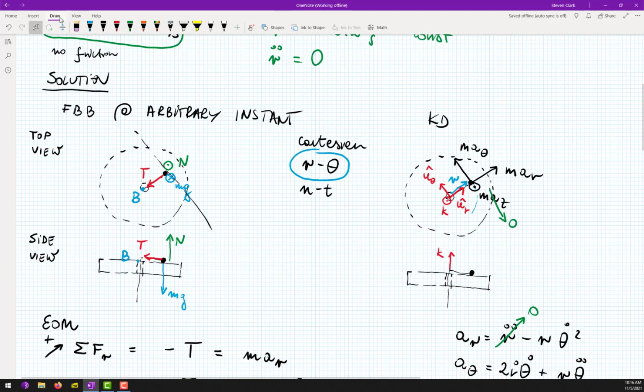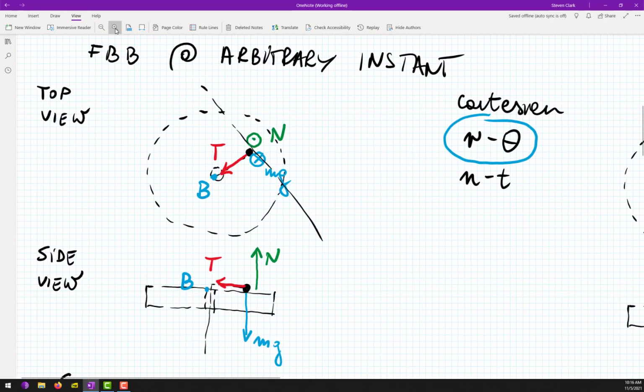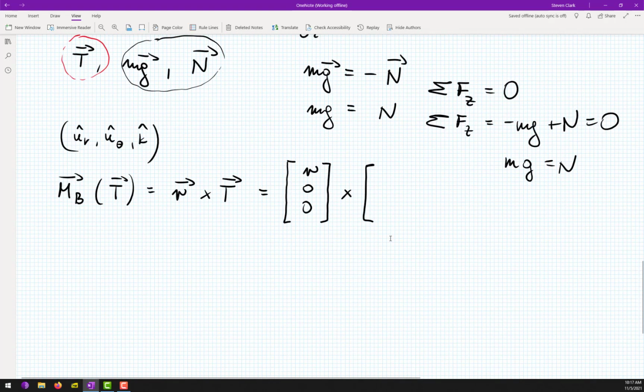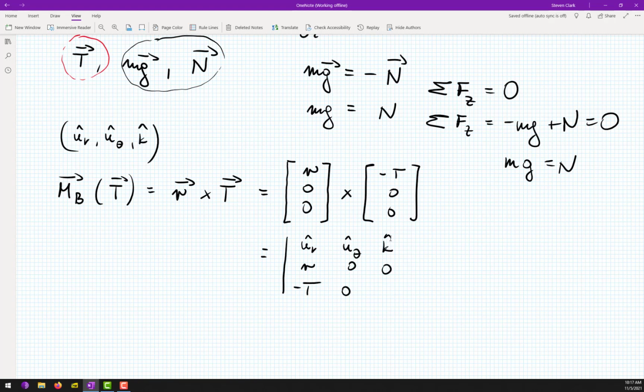So you guys can see here that our T will have components minus T U_R, or minus T, 0, 0. Okay, let's go for our determinant. So we will have U_R, U theta, K, R, 0, 0, minus T, 0, 0.